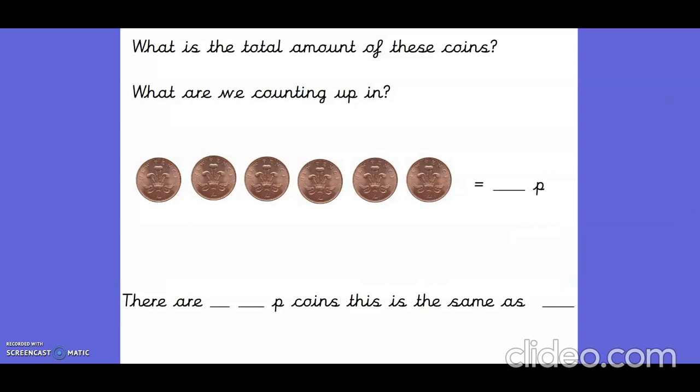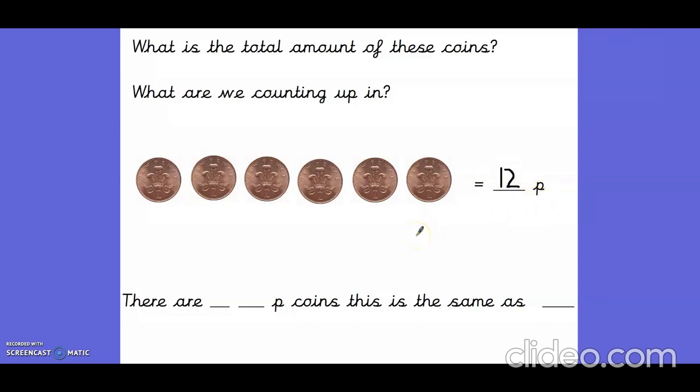Next question. Again, what is the total amount of these coins? What are we counting up in this time? Can you spot it? We're counting up in 2, so we can count in our 2s to work this one out. Let's go. 2, 4, 6, 8, 10, 12. The total amount is 12p.